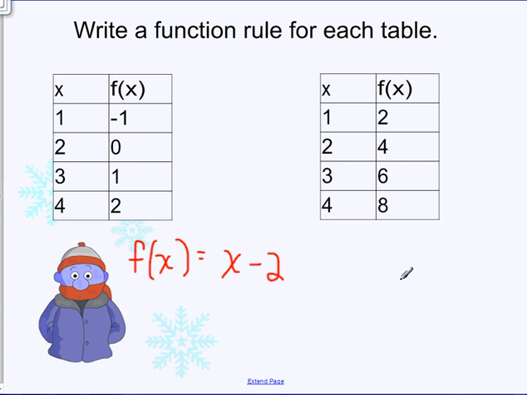All right, so if you could look at this table and figure out the function rule for this particular table in your notes, that would be great. Otherwise, we're going to do one more example, and this one doesn't involve adding or subtracting, so just keep that in mind.